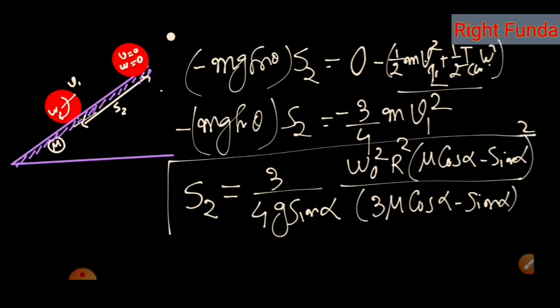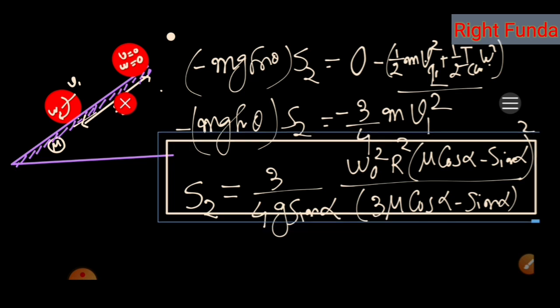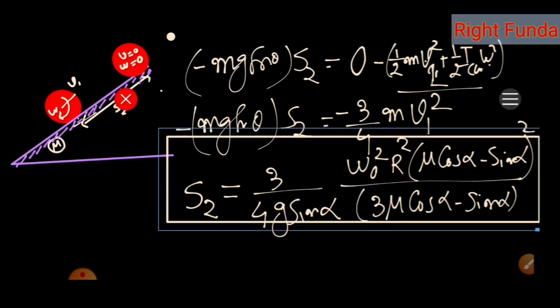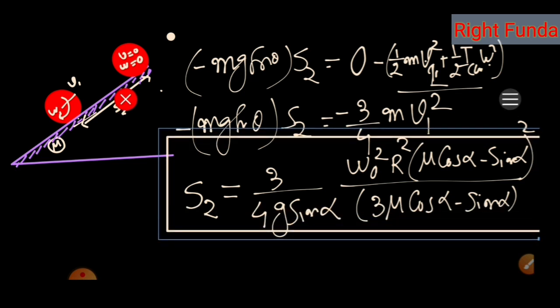This is the value obtained for S2, the displacement of the center of mass of the cylinder from when sliding stops, through pure rolling, until it finally comes to rest.